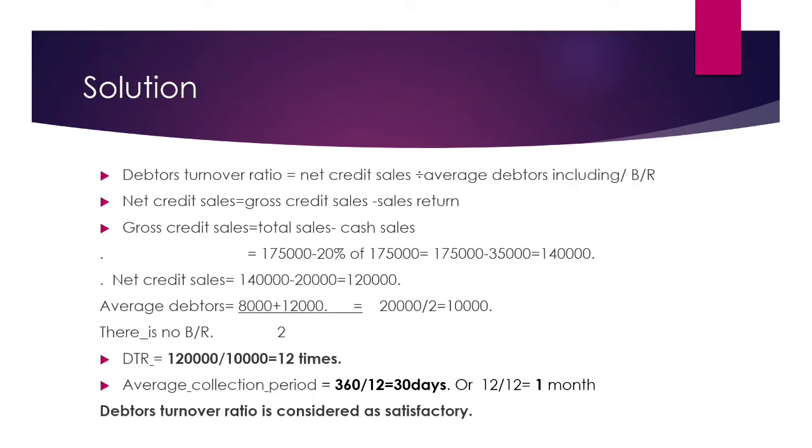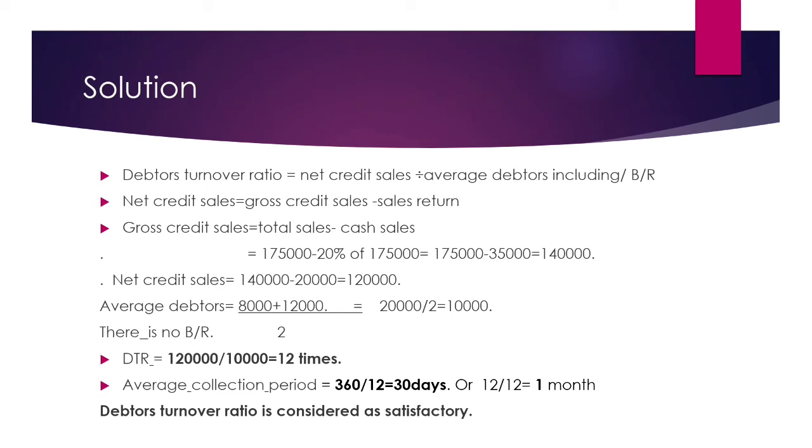Solution: how to find out debtors turnover ratio? Net credit sales divided by average debtors including BR. So how to find out net credit sales? That is equal to gross credit sales minus sales return. Here gross credit sales are not given, but we find it from total sales. The equation is gross credit sales is equal to total sales minus cash sales.